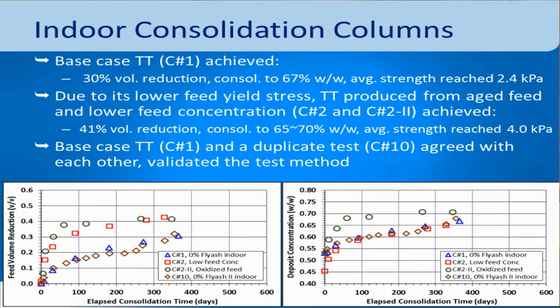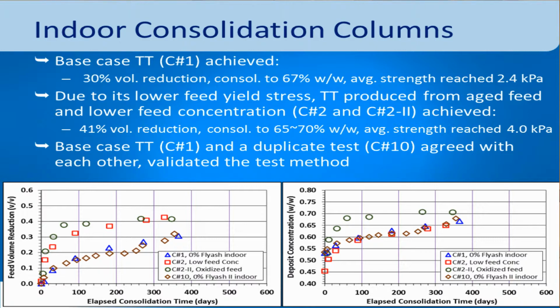For other conditions, such as the low feed yield stress, TT produced from aged feed, or lower concentrations, those conditions achieved 41% volume reduction and consolidated to 65 to 70% average concentration, and the strength reached about 4 kPa.